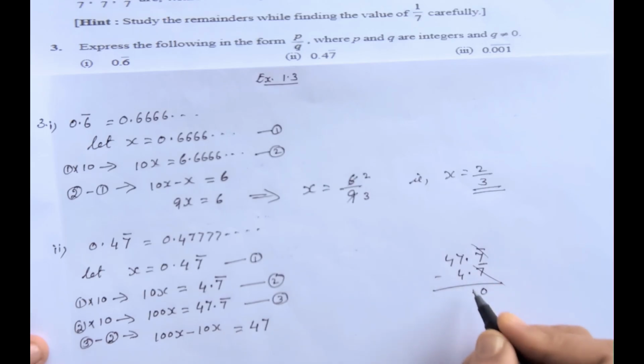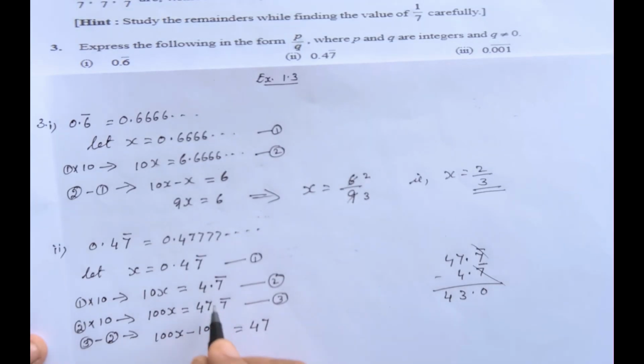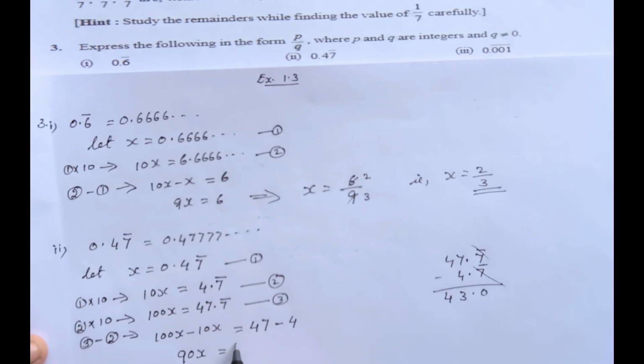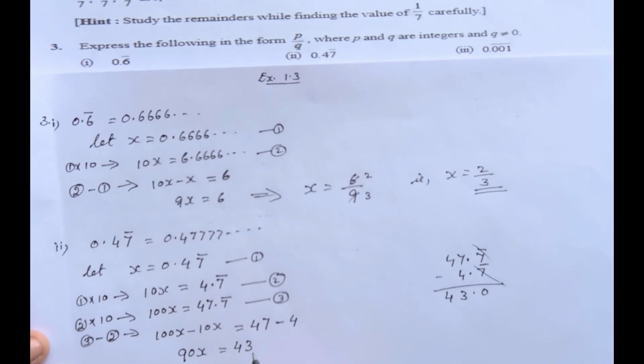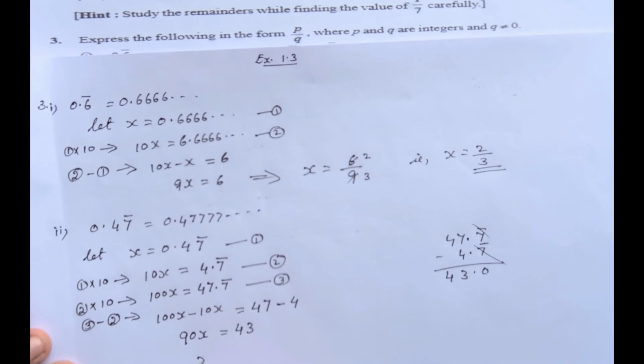Then 47 minus 4 is 43. So 100x minus 10x means 90x is equal to 43, which means x is equal to 43 by 90.